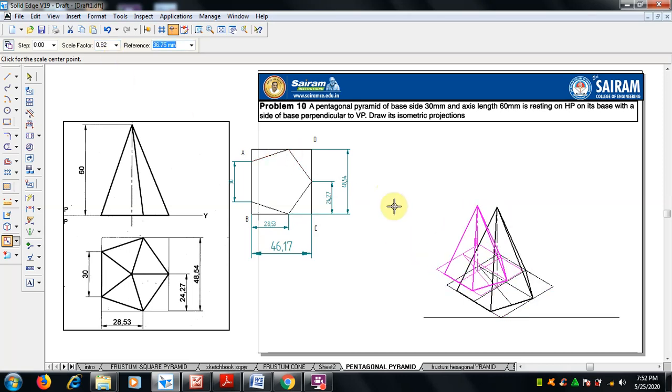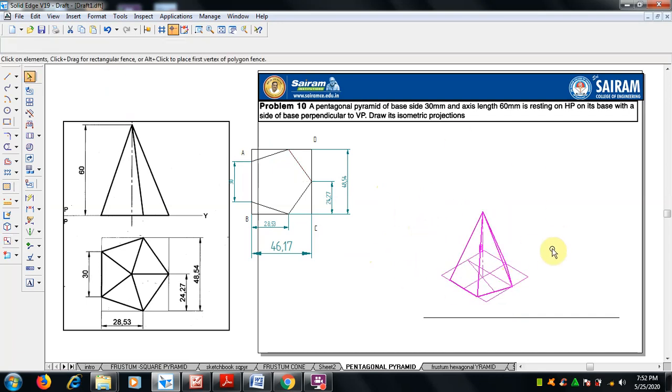So now this is done. Since here copy, you switch off copy, you keep it, and this is the square pyramid. As I said, the view how we are getting, if you change this direction, you will get a different orientation. I hope you have understood, right? So pentagonal pyramid, it's done.